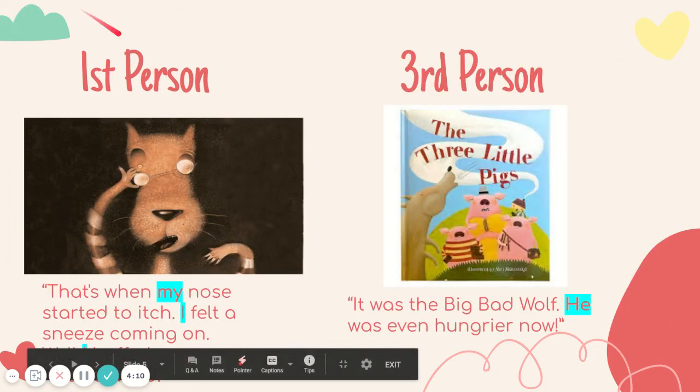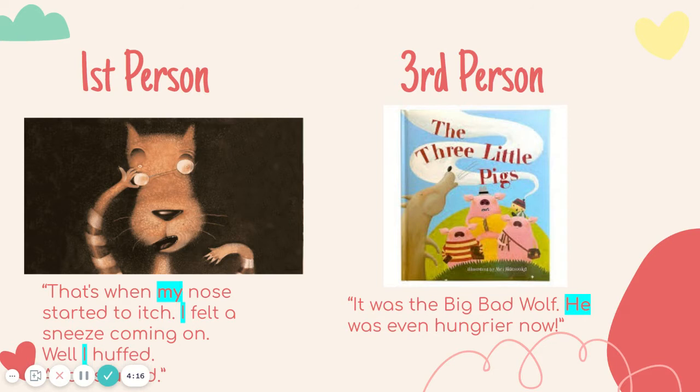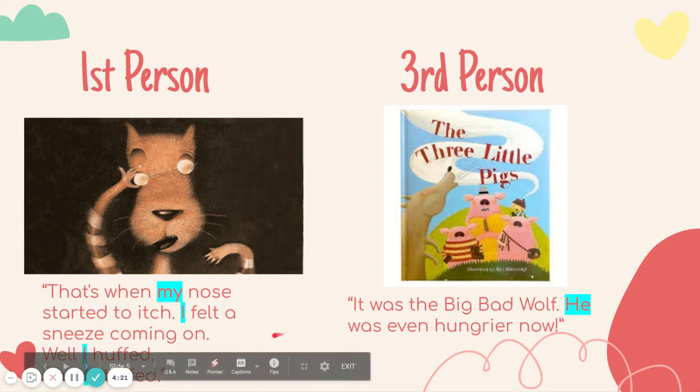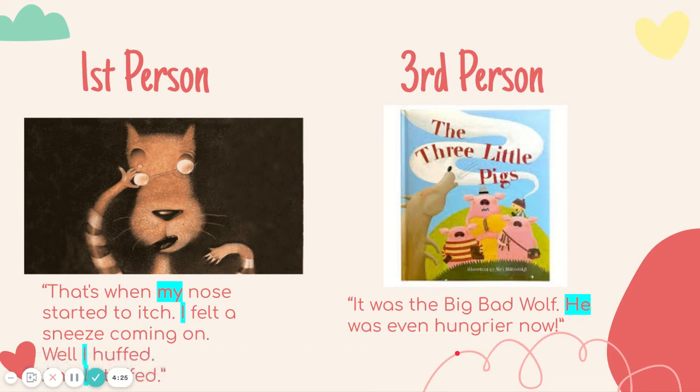These might look familiar to you because we read these stories last week and we were kind of introducing point of view and trying to learn a little bit about it with these stories. I just wanted to make sure we fully understand point of view before we move on to something new.